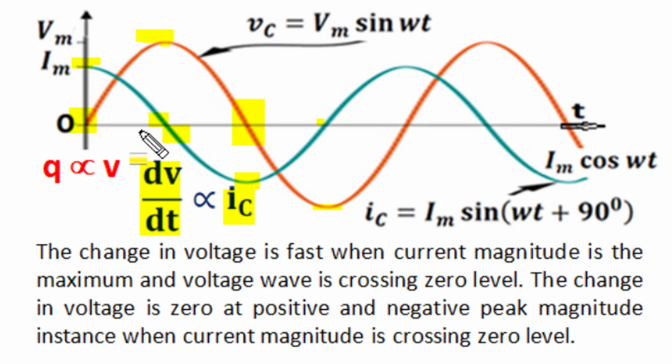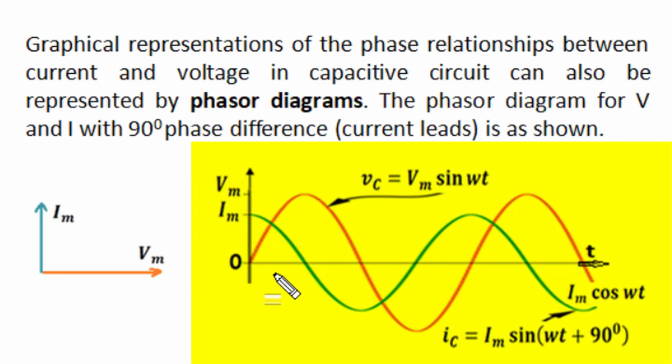For smaller discharge current, rate of change of voltage is small, and for high discharge current, rate of change of voltage is high.